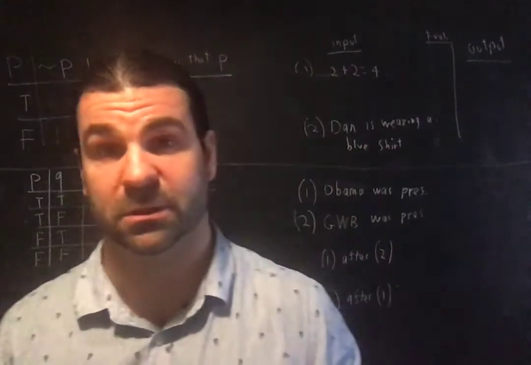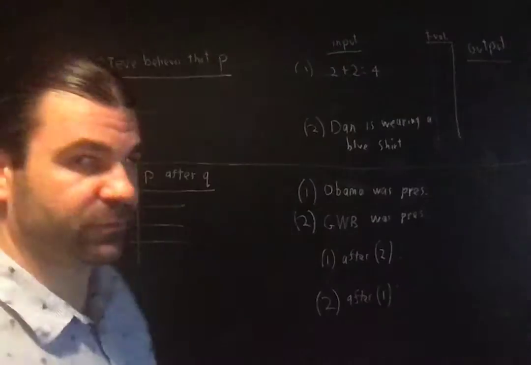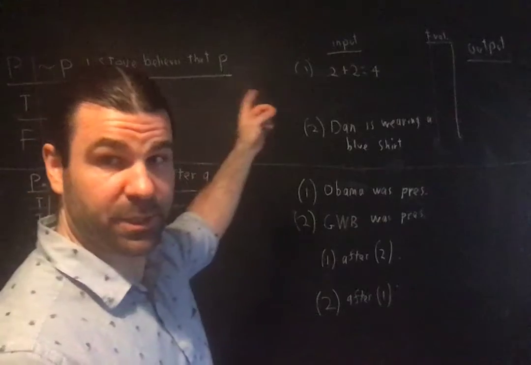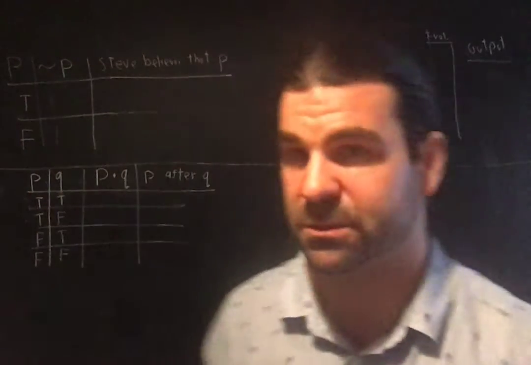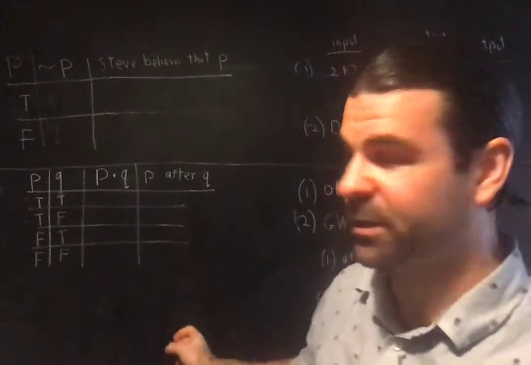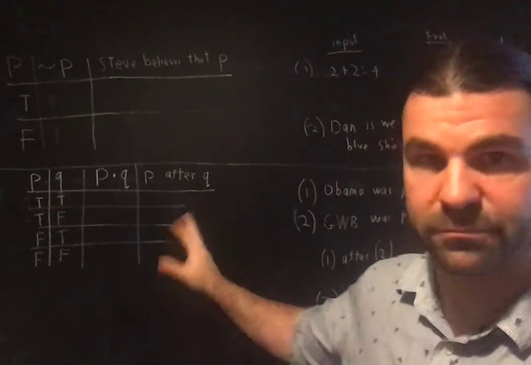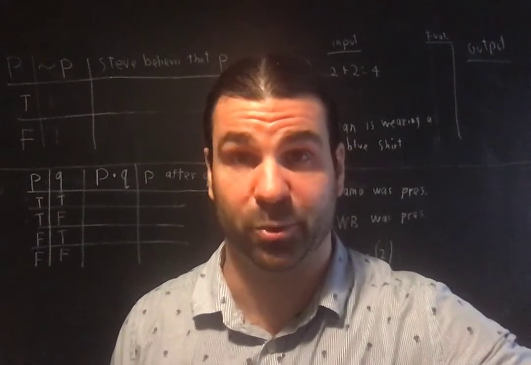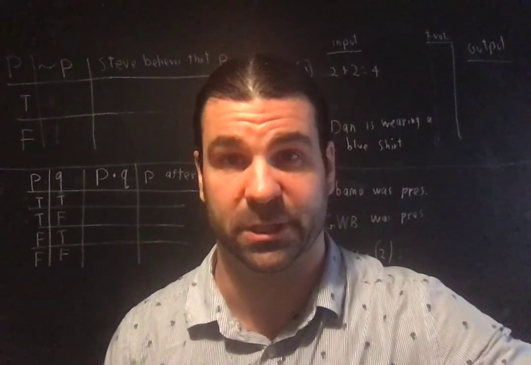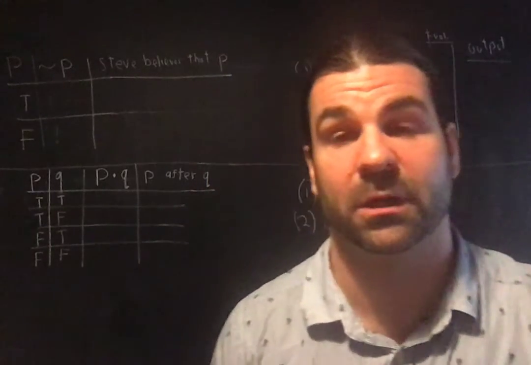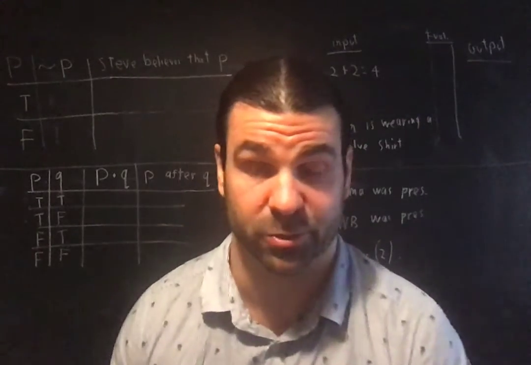I'll give you the examples: Steve believes that P, that's a sentential operator, or Steve believes that blank. Blank after blank, P after Q, that's a sentential operator. I'll show you how to prove that these are not truth functional. And as I said, that will definitely be a question in your exam: prove that a certain sentential operator is not truth functional.